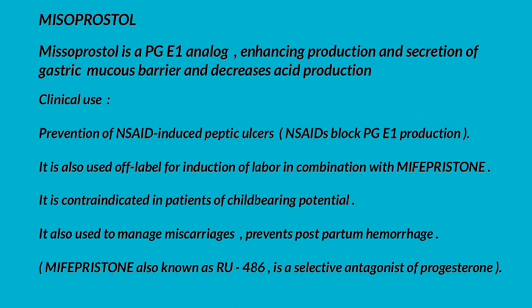It is also used off-label for induction of labor in combination with mifepristone. It is contraindicated in patients of childbearing potential. It is also used to manage miscarriages and prevent postpartum hemorrhage.